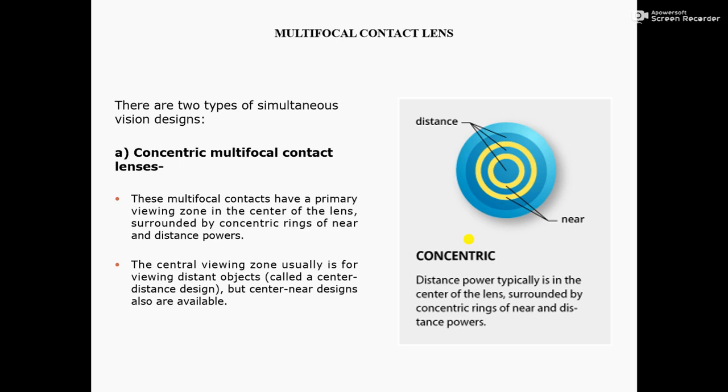Number 1, concentric multifocal contact lens. Here, these multifocal contact lenses have a primary viewing zone in the center of the lens, surrounded by concentric rings of near and distance power. See the diagram. These are the concentric rings.